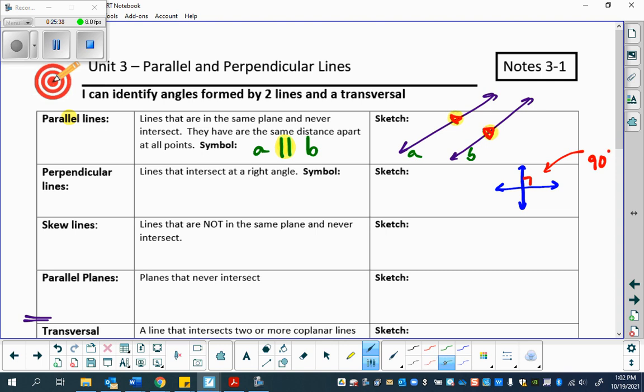I again can name the lines with lowercase letters, and then my notation would be A is perpendicular to B. So this symbol here means perpendicular, that symbol there, perpendicular.